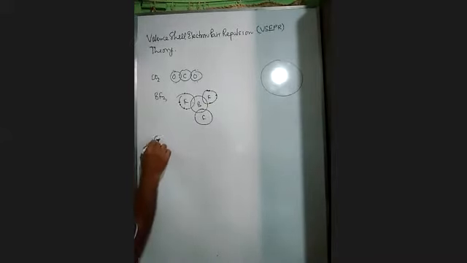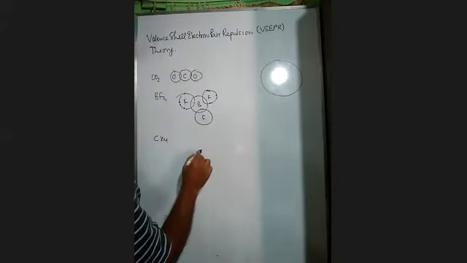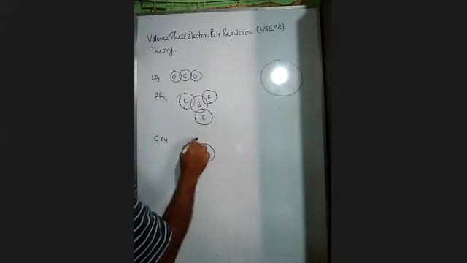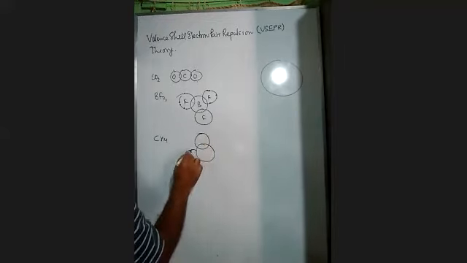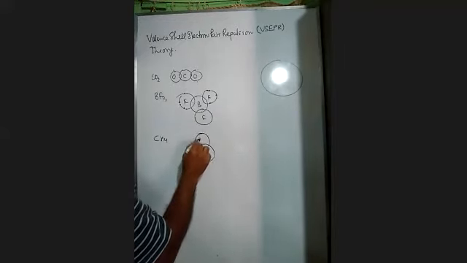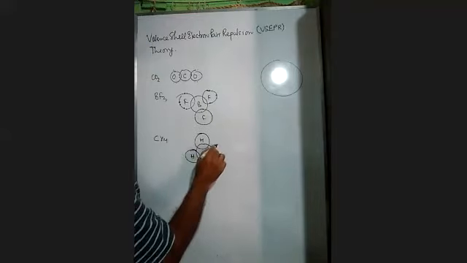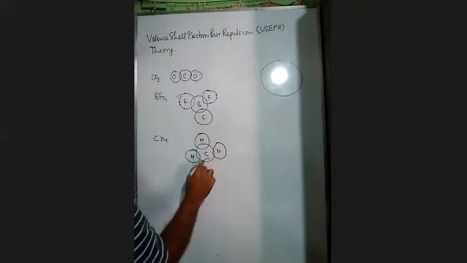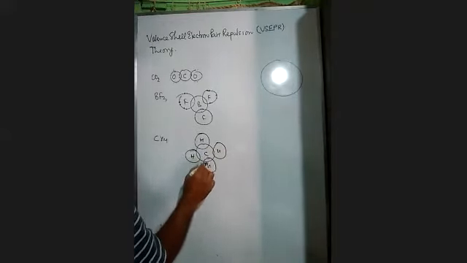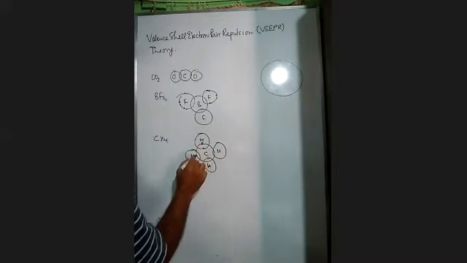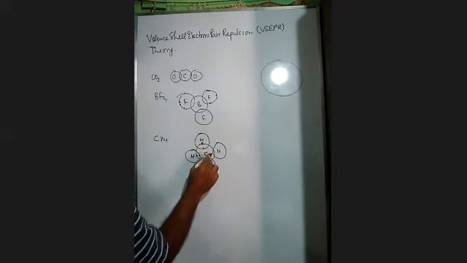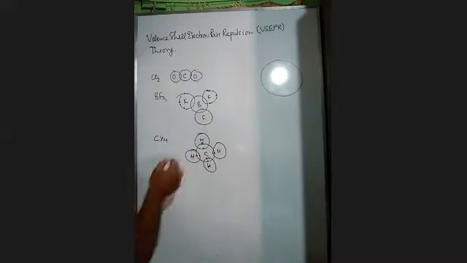When you come to CH4, how did you write the structure? We have written it like this. So this was also found to be two-dimensional.